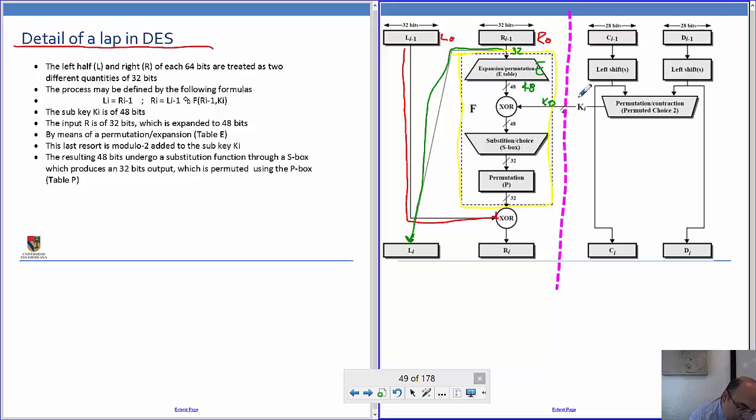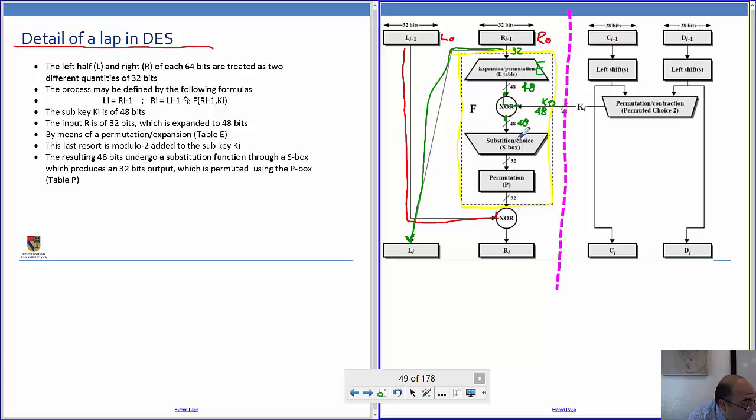Okay? So in this case K will also be 48 bits. So we add it together and we get this output here. This one and this one mixed together, and we have this output that obviously is also 48 bits.